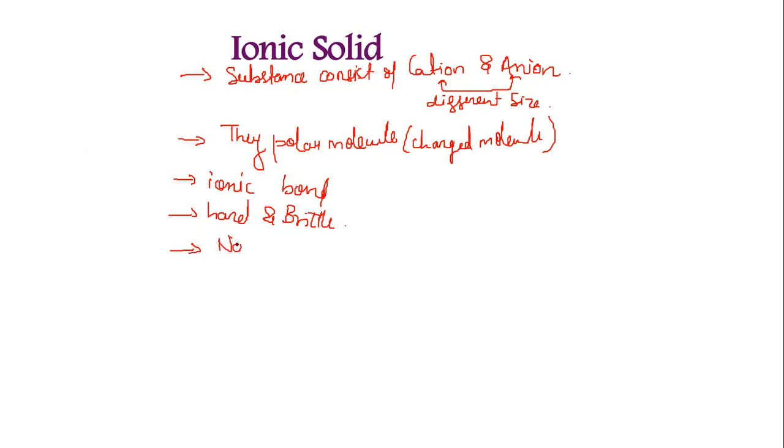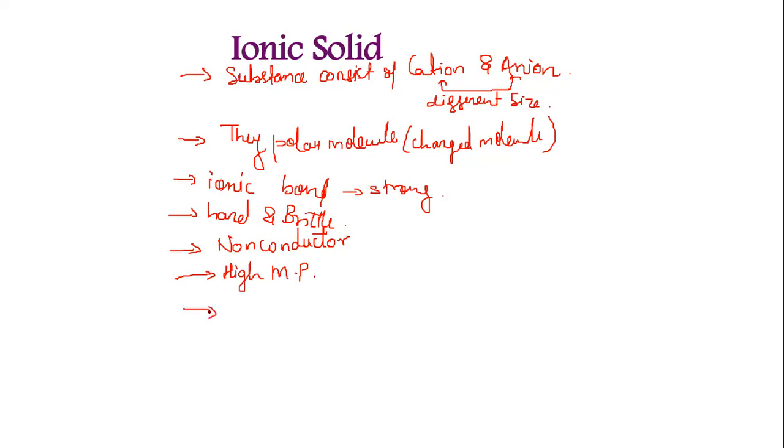They are non-conductor of electricity in solid state, but in molten state they can conduct electricity. Also they have high melting point because the bond is strong. Therefore, melting point is high.